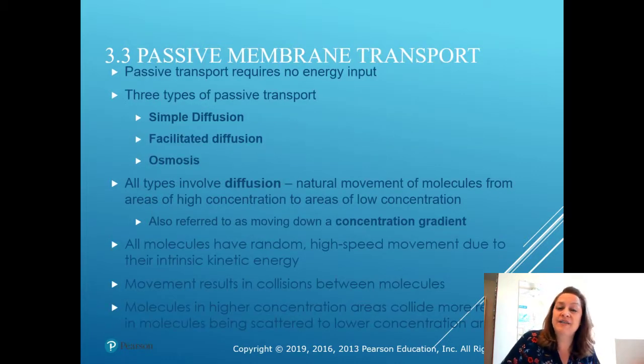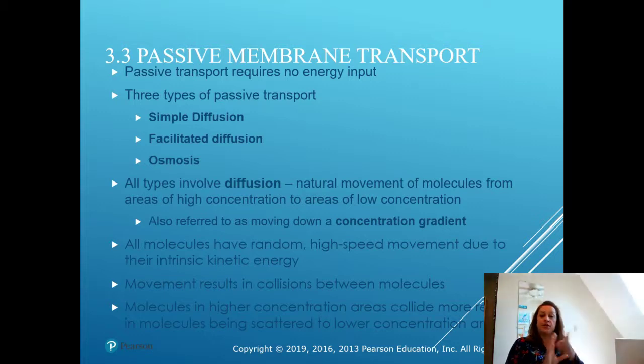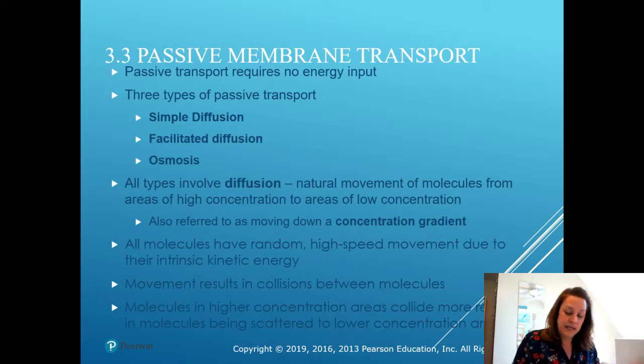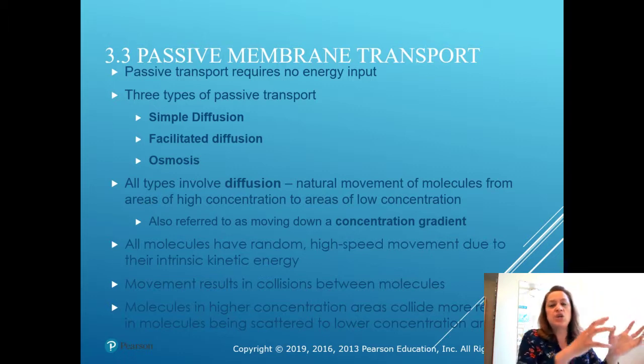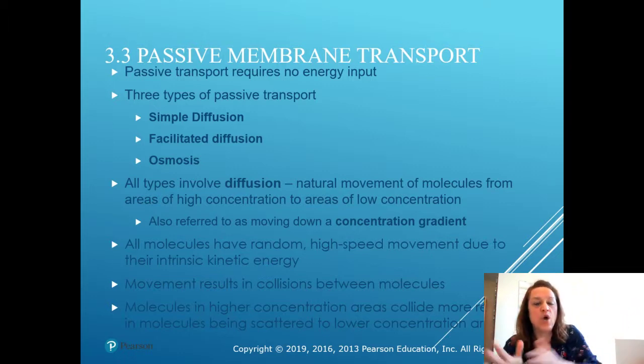When we're talking about passive methods, anything that requires no energy, it usually is grouped into three modes: simple diffusion, facilitated diffusion, and what's called osmosis. Now, these three things have some very specific characteristics in common. One, the term diffusion and osmosis or passive transport means that we're going to go from an area of high concentration to an area of low concentration.